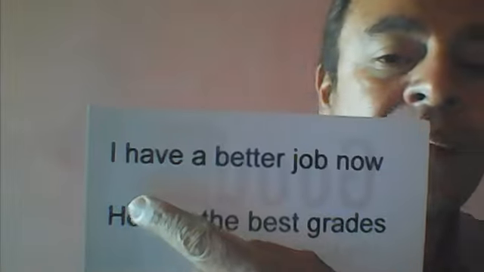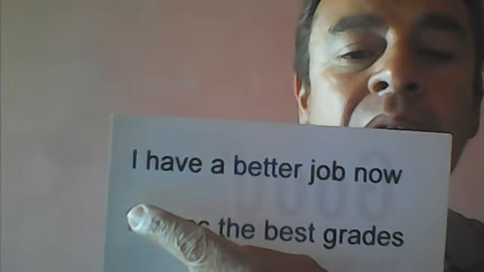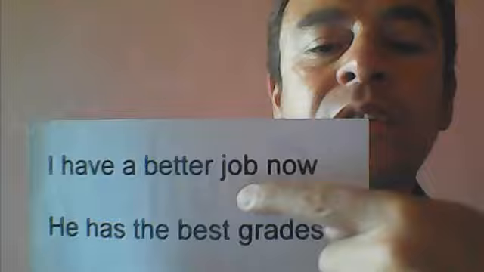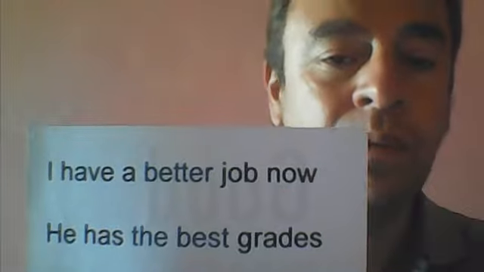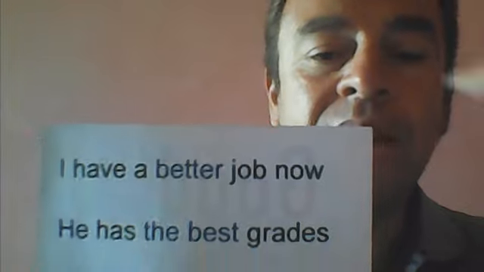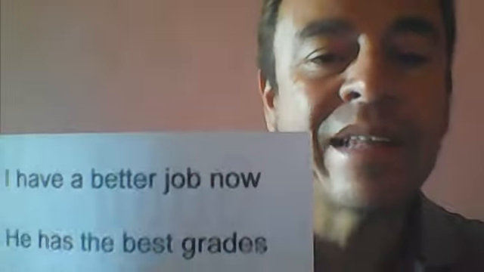Then you remember that the third group is irregular adjectives. Let's begin with good. Good makes a comparative sentence with better than. For example, I have a better job now than you. This house is better than that house.